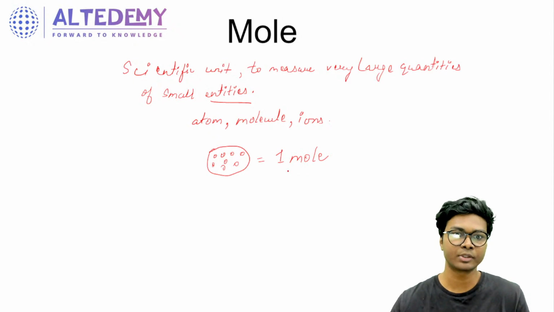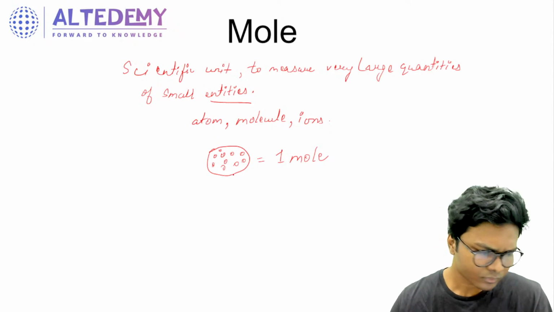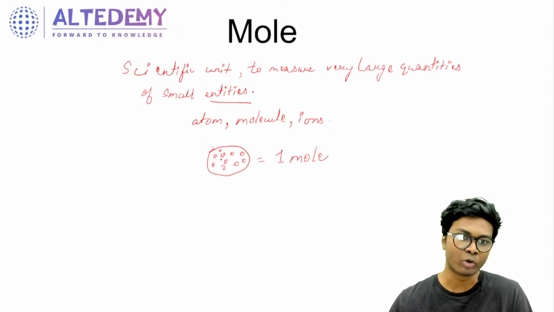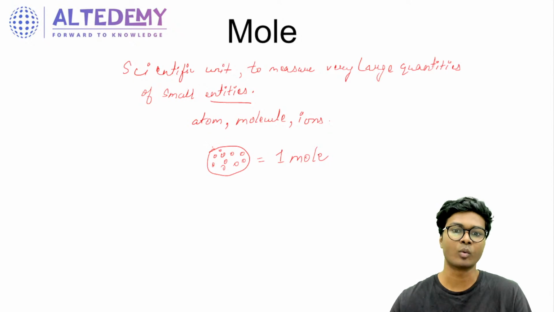They made it very simple, and we needed this because we had to measure ultimately the number of atoms. Like 12 pieces of anything is called 1 dozen, there is a specific amount. This amount of atoms or molecules or ions makes 1 mole.